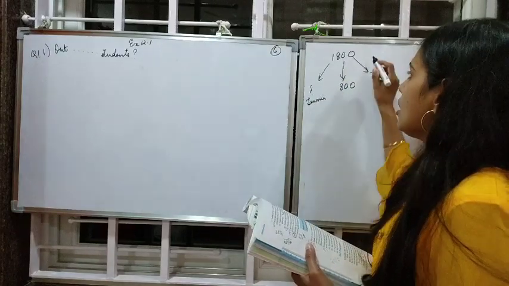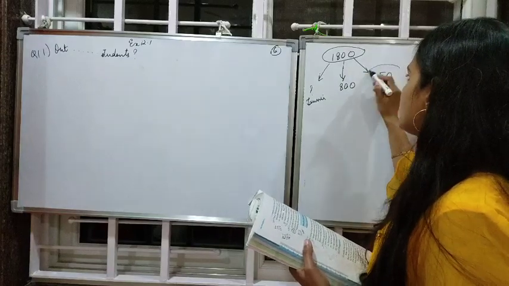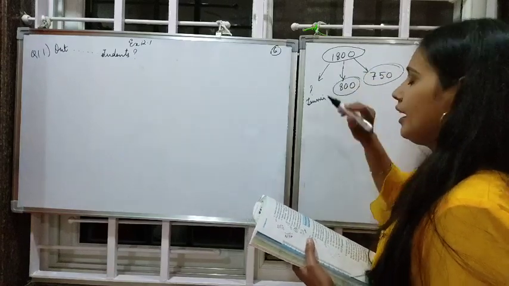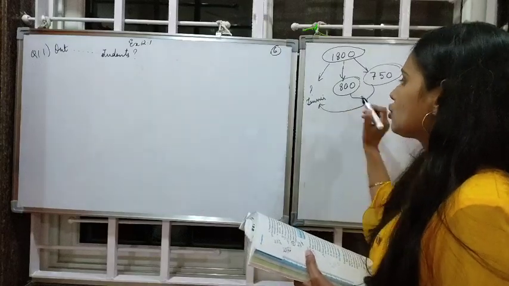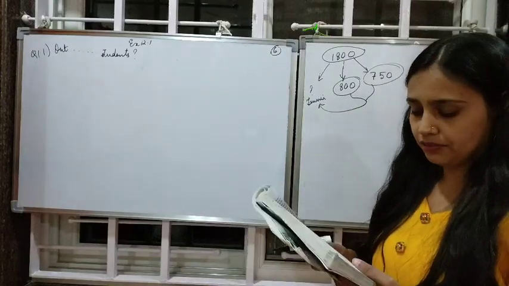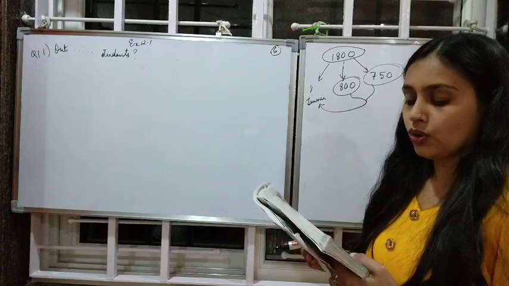Remaining means out of this 1800 we remove 750 and 800. Whatever is left has opted for tennis.